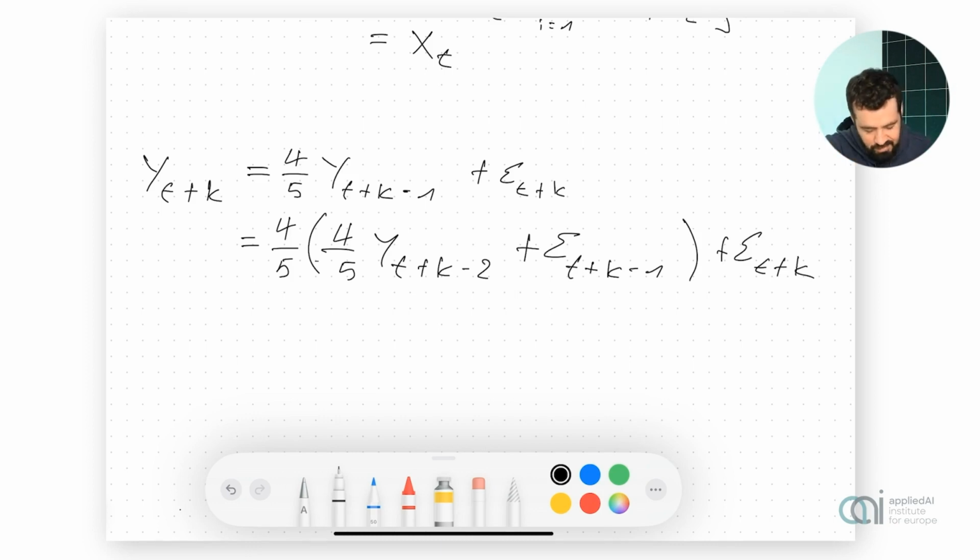And now you see that already y_{t+k-2} only appears with a factor of 4/5 squared. And this, of course, exponentially proceeds as we go back to y_t, meaning that the effect of y_t on y_{t+k} exponentially wears off as k gets larger. And this is the reason why we revert back to the original mean.